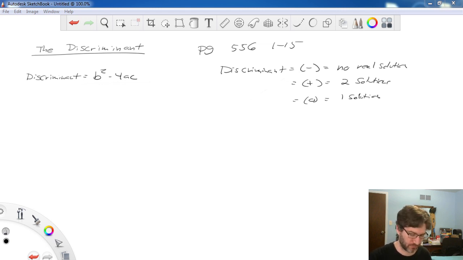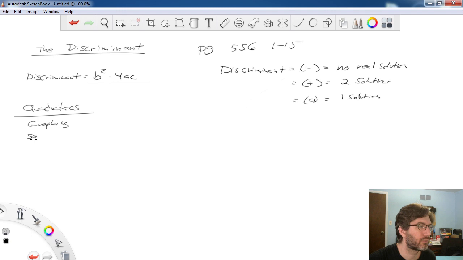Just to recap in math, for quadratics, we had graphing it, so make sure you know how to graph things. We had square root stuff, so make sure you understand square roots. And then we had solving, which you could have done in 5 different ways.